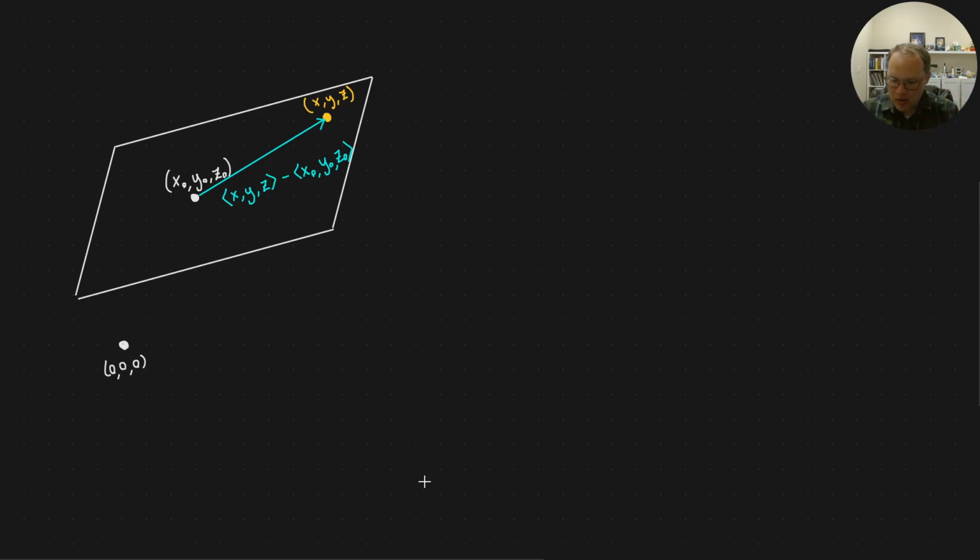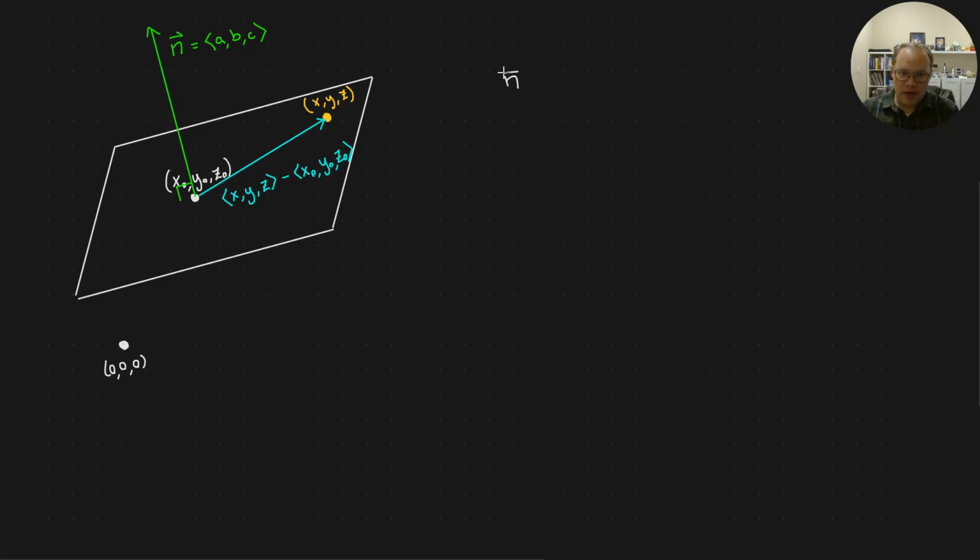Now, this vector, because it lies in the plane, if I take any vector normal to the plane, the dot product of the normal vector and this vector that lies in the plane would be 0, right?